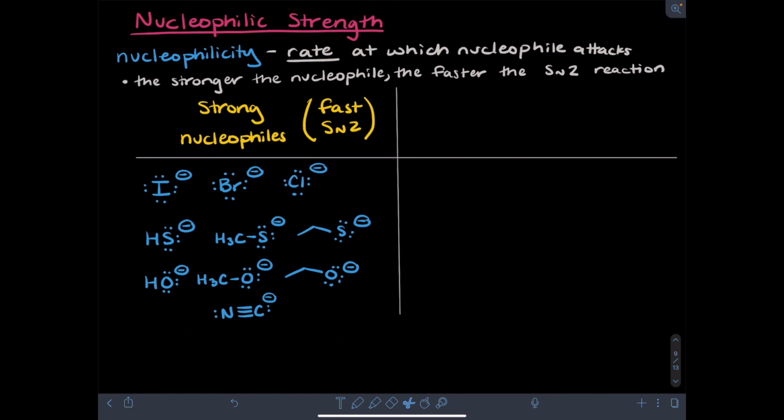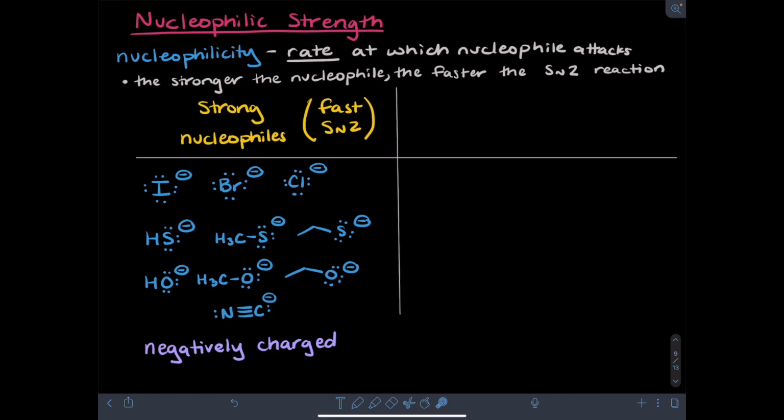Some examples of strong nucleophiles that undergo fast SN2 reactions are halides, iodide, bromide, and chloride, negatively charged sulfur atoms attached to hydrogens or carbons, negatively charged oxygens in hydroxide or alkoxides, or cyanide, where you have an anionic carbon triply bonded to a nitrogen.